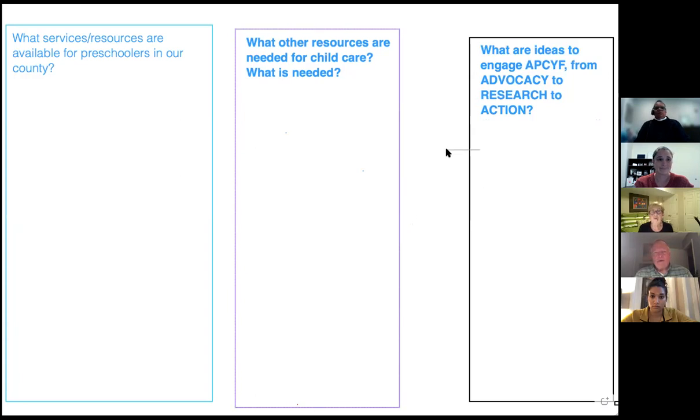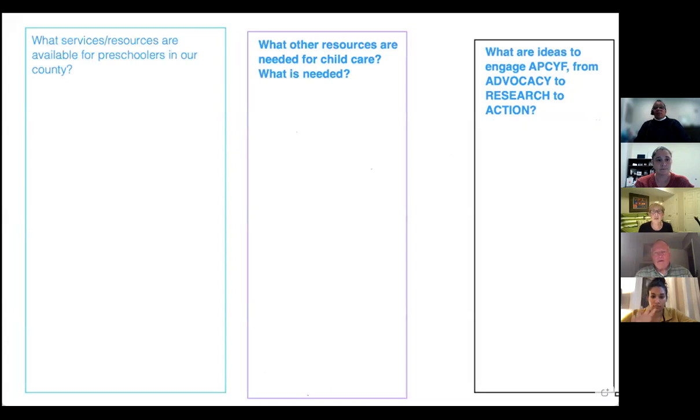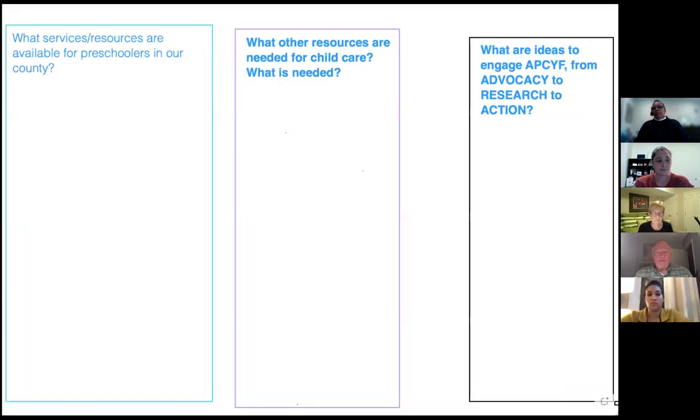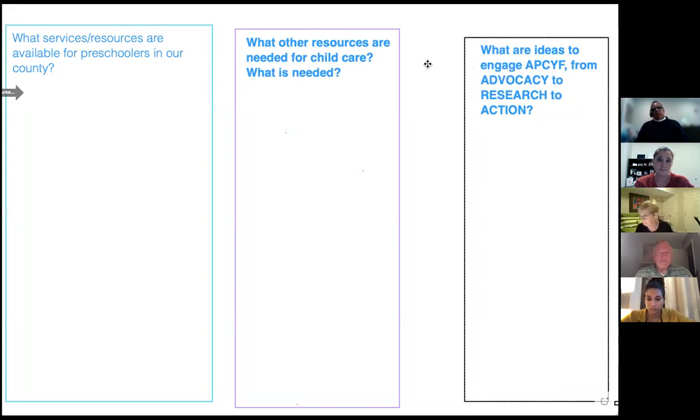But we really want you to write in the services and resources that you are a part of, you know of, or that intersect with the question in a way that may not seem like it fits, but definitely there's an intersectionality to what's being presented.